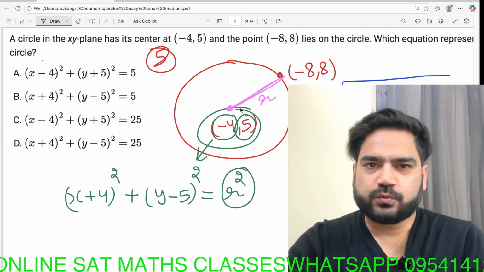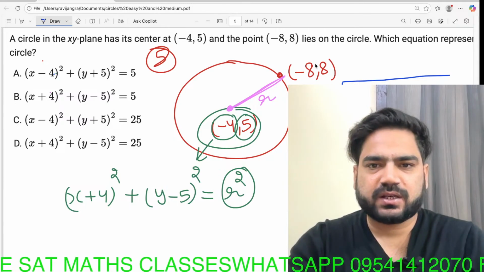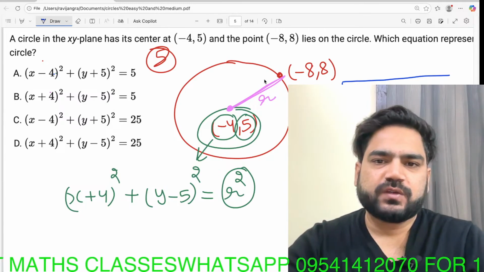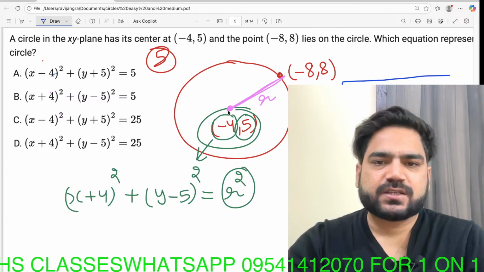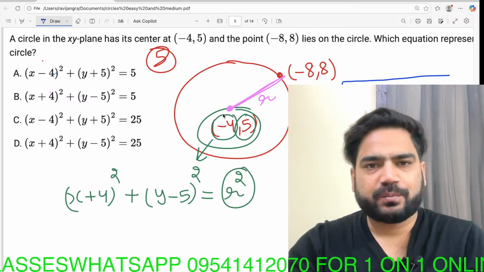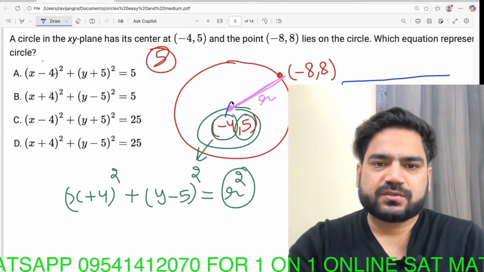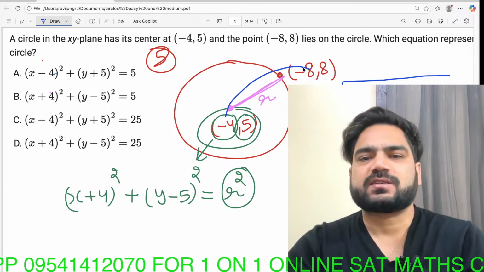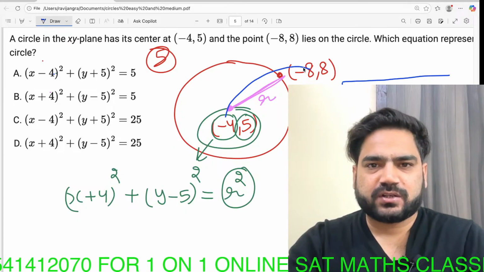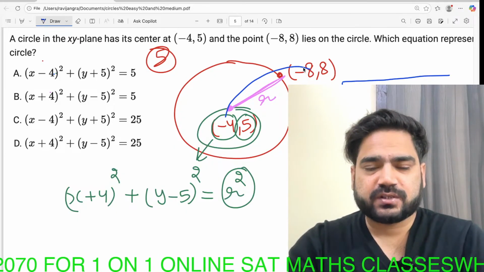We have two points, (-4, 5) and (-8, 8). Subtract the x coordinate of one point from the x coordinate of the other. You can subtract -4 from -8 or vice versa, the sign doesn't matter because you square it after this.